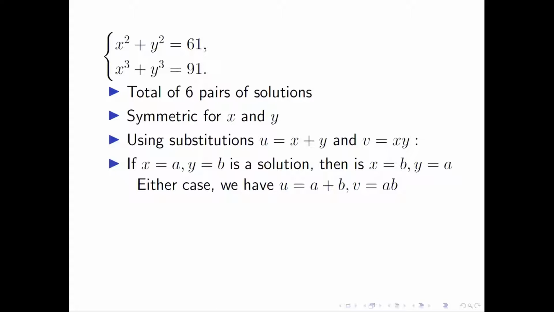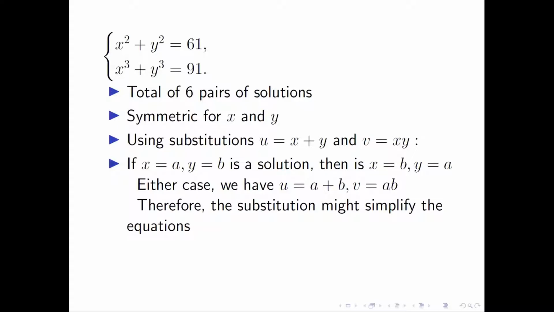In other words, two pairs of x and y correspond to only one pair of u, v. Therefore, this substitution might simplify the equations. In particular, it might reduce the order of the equations.